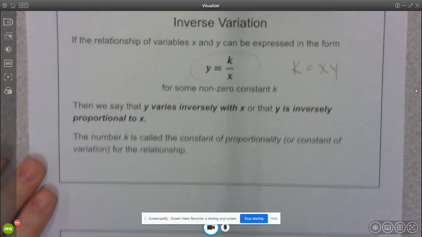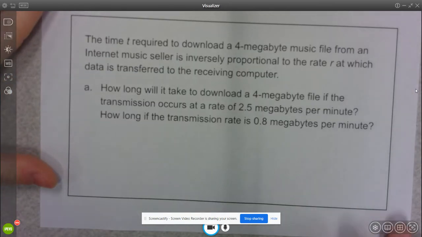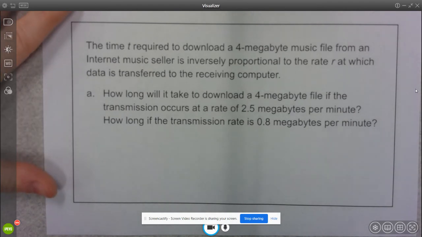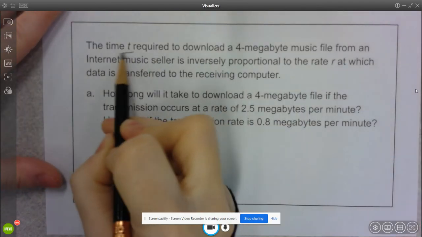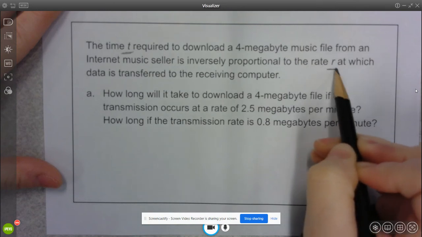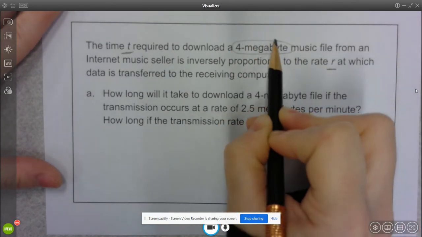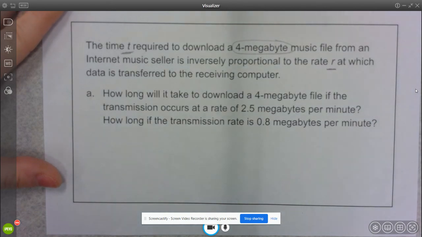All right, so the time required to download a 4 megabyte music file is inversely proportional to the rate the data is transferred to the receiving computer. So I see that time is inverse to rate. This 4 megabyte is the thing that's going to remain the same.